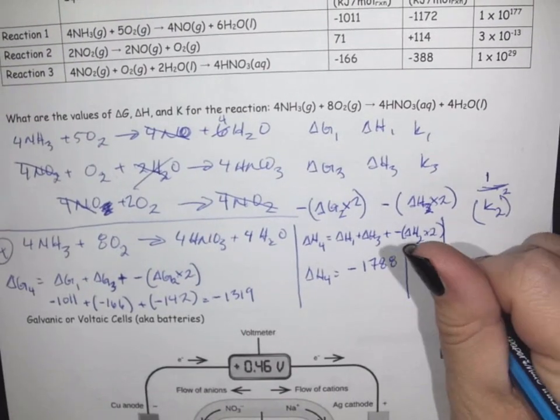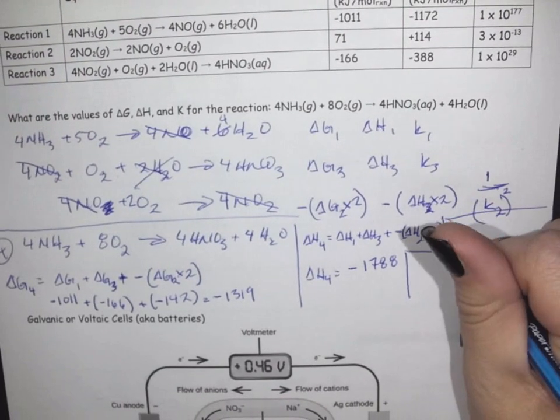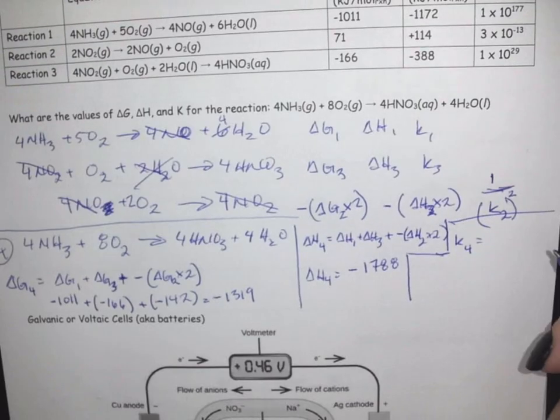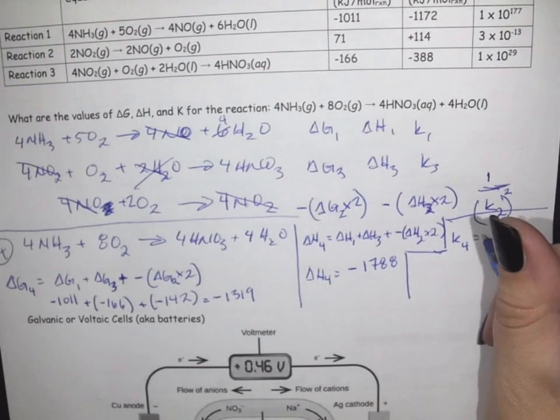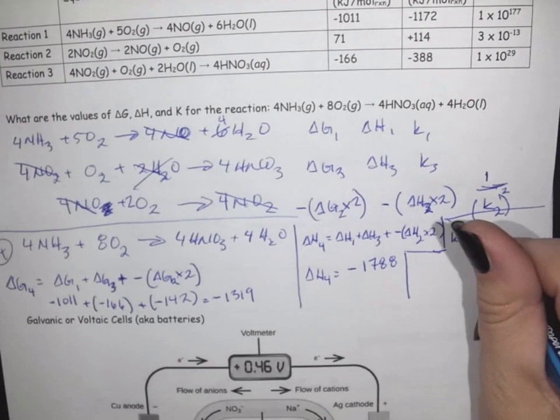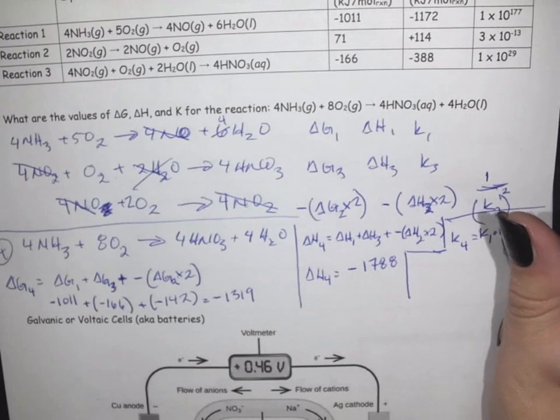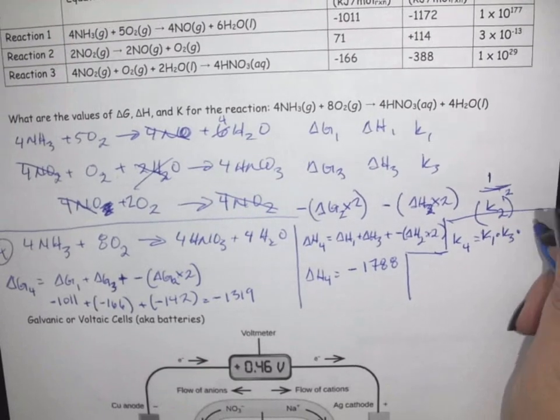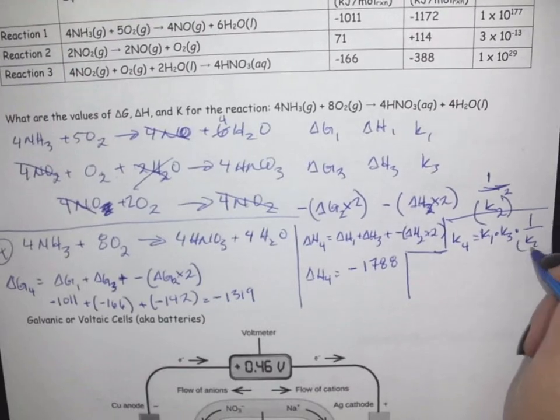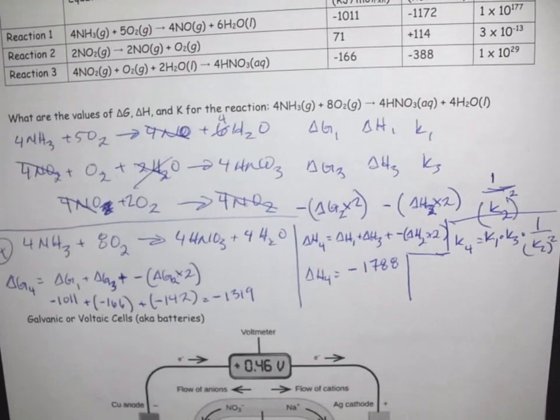To get K4, instead of adding, we multiply. So we'd do K1 multiplied by K3 multiplied by 1 over K2 squared.